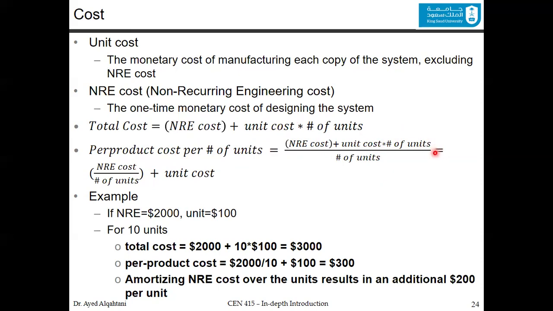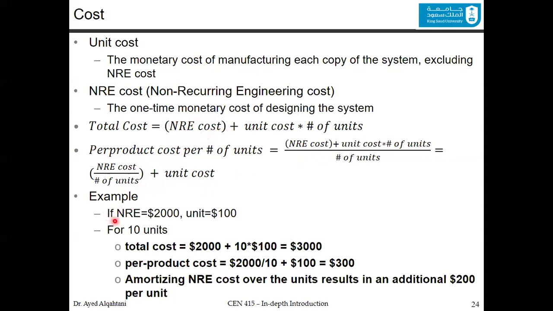You can do some mathematical manipulation here, and you find out that it's actually the NRE cost divided by the number of units plus the unit cost. So it's the unit cost plus something. And this something is because you are distributing this NRE cost among the units.